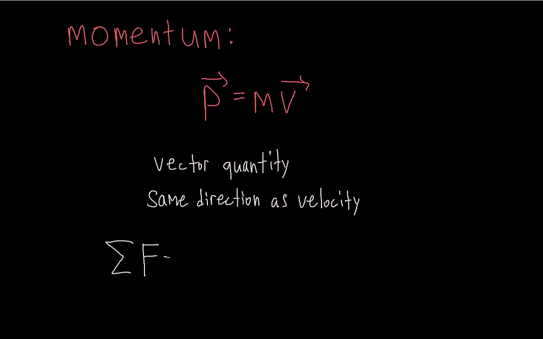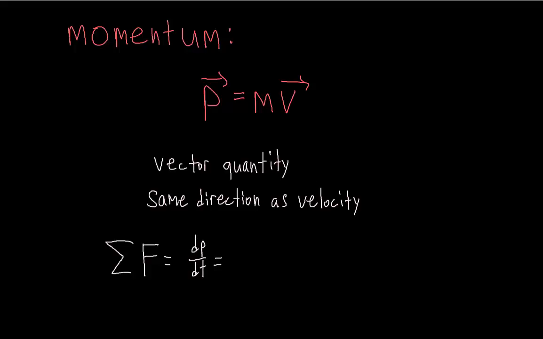So also notice that we can rewrite Newton's second law in a different way using momentum. So the net force on an object is also equal to the rate of change of the object's momentum. In other words, the time derivative of the object's momentum.